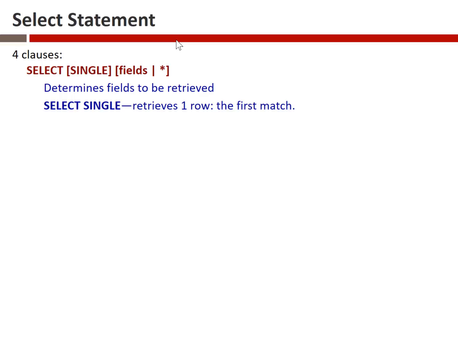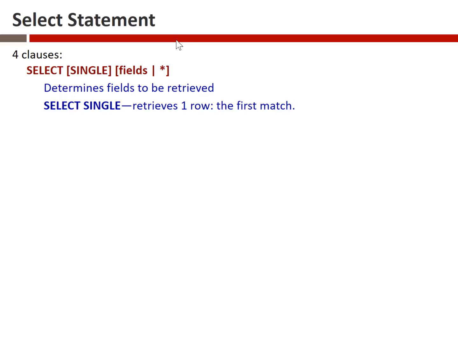But if I know there's only going to be one match, select single tells it, hey, find the one guy or the one gal, the one record that matches, and then you can stop work. So anytime that I know that I'm only actually going to be pulling out one thing, or sometimes I just want to see if data exists, and so I need to find a record that matches this, but I don't need all the records that match this, select single can give us a significant performance improvement.